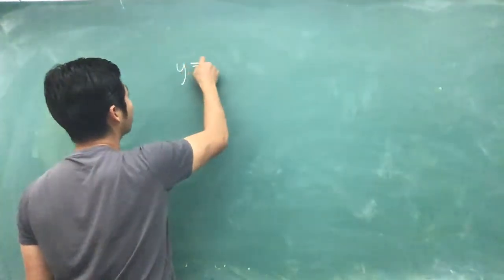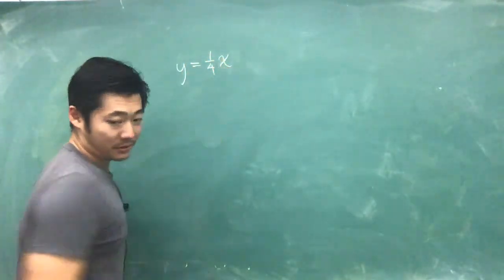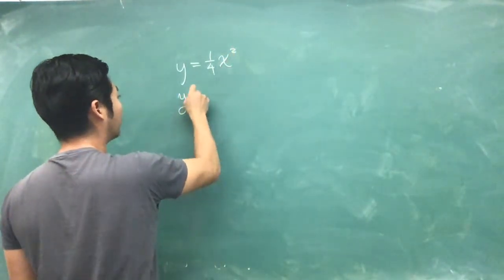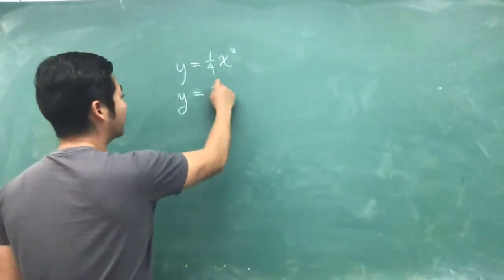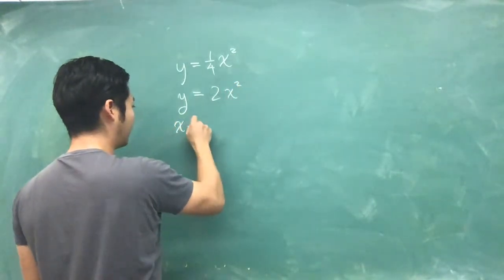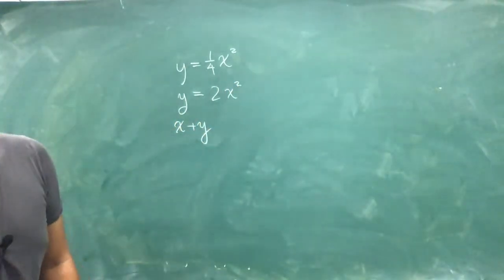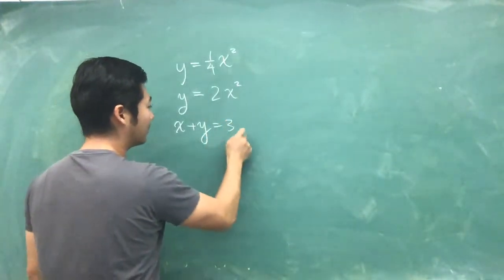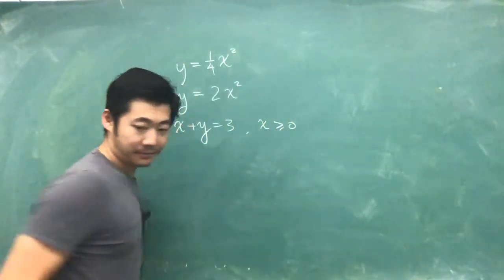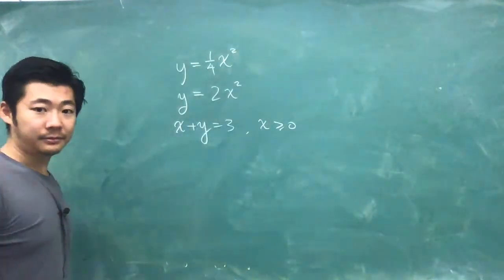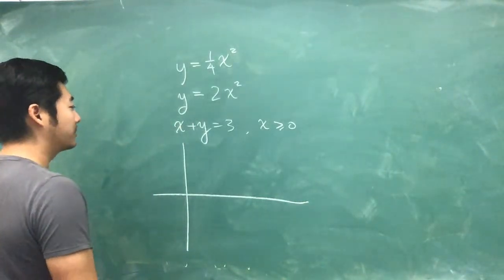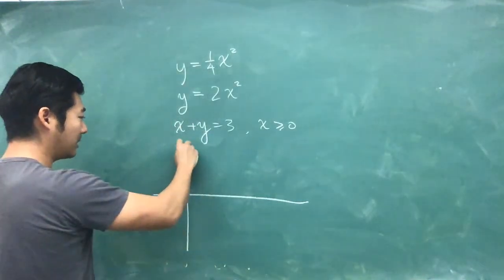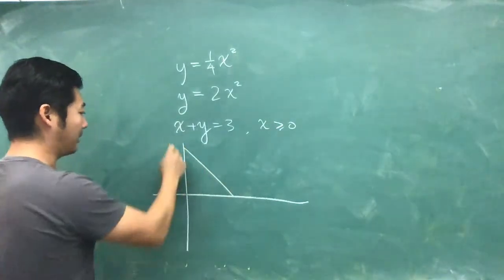So the curves are y equals 1/4 x squared, y equals 2x squared, and x plus y equals 3, and x is greater than 0. Okay, so x plus y equals 3 means this line, hitting 3 and 3.